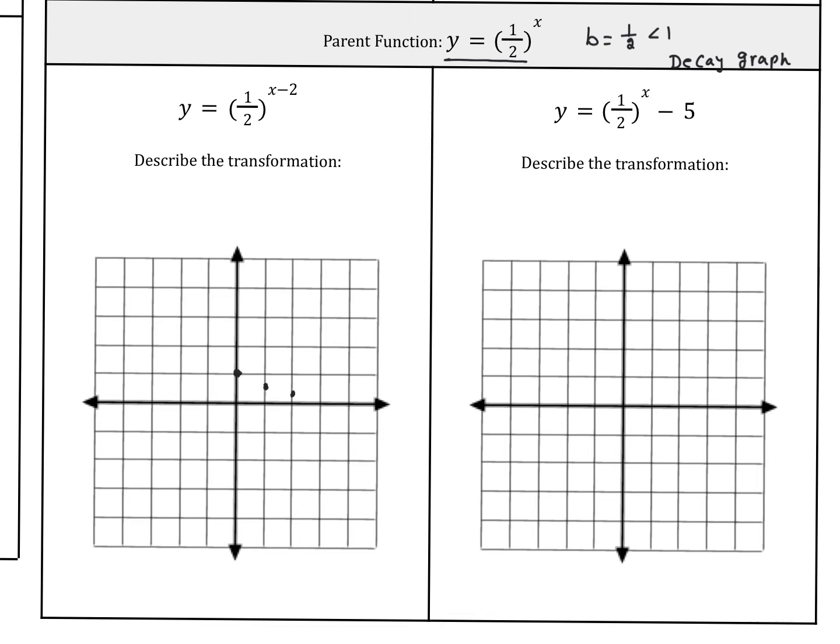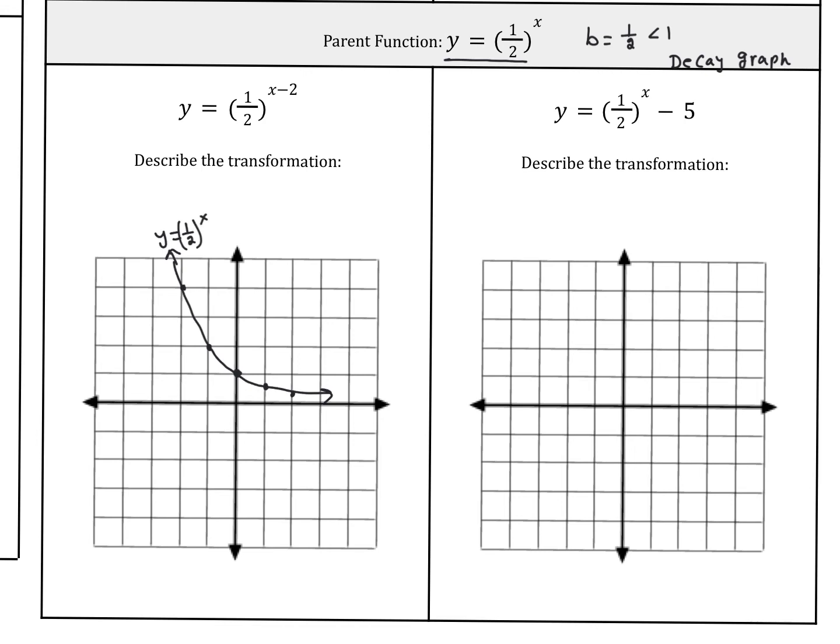0 comma 1 was your y-intercept, and then negative 1 comma 2, negative 2 comma 4. Join all these points and you're going to get the parent graph y equals 1 over 2 to the power x.